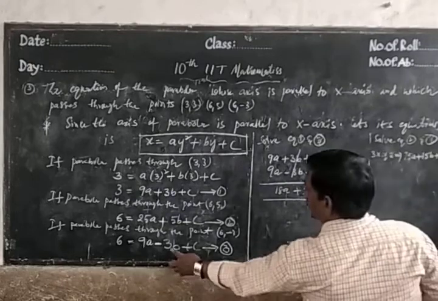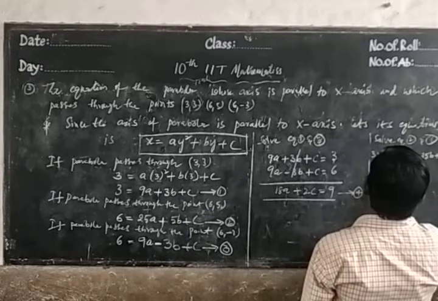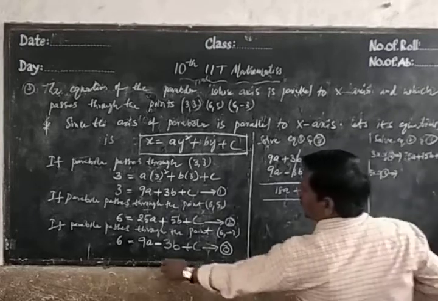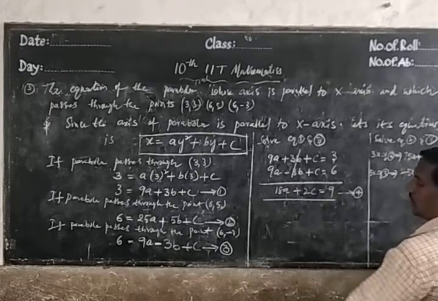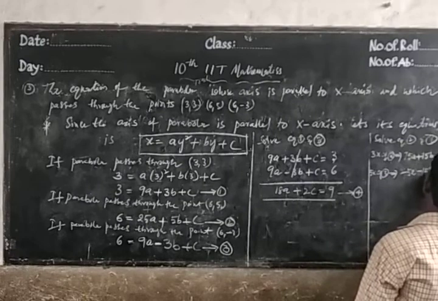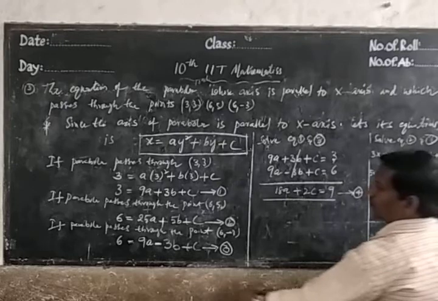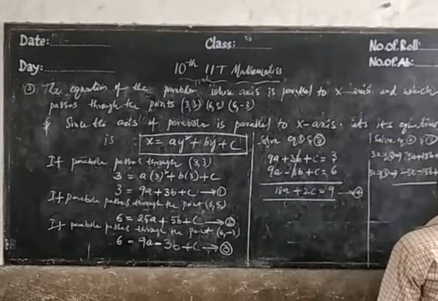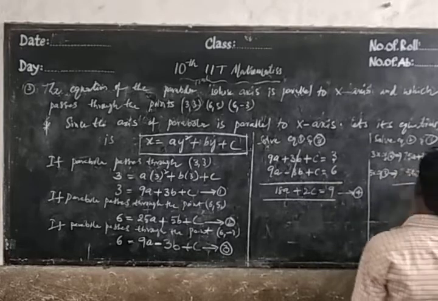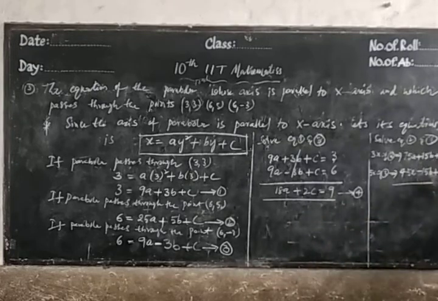Now 5 into equation 3, that means 5 into 9a, 45a minus 15b plus 5c equal to 30, 5 sixes are 30. Now plus 15b minus 15b, both are cancelled.